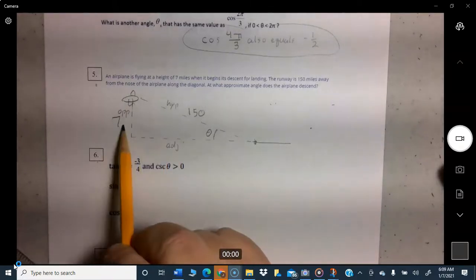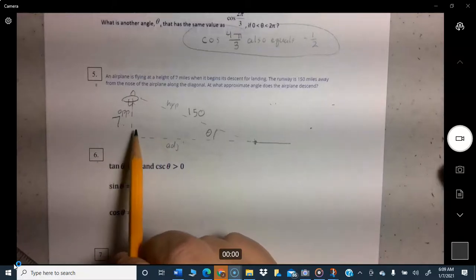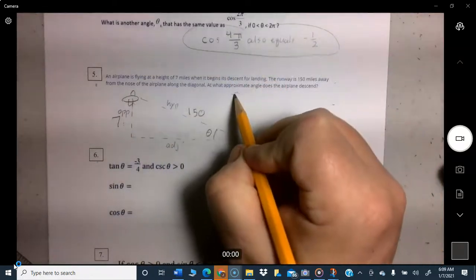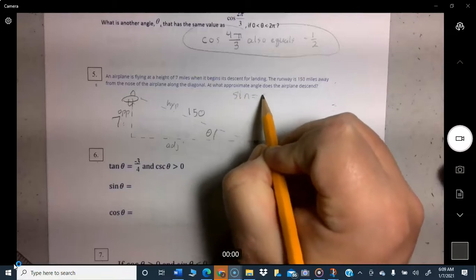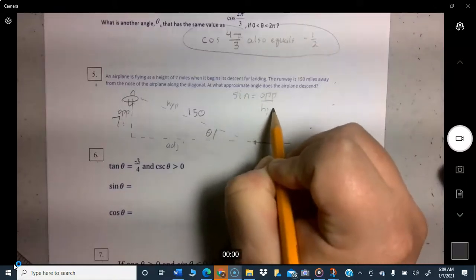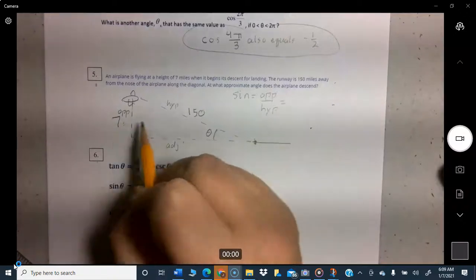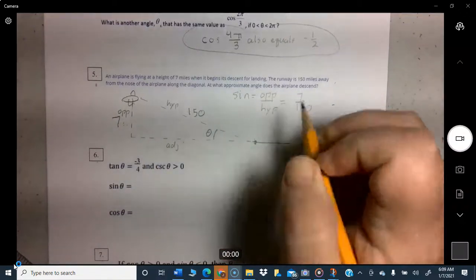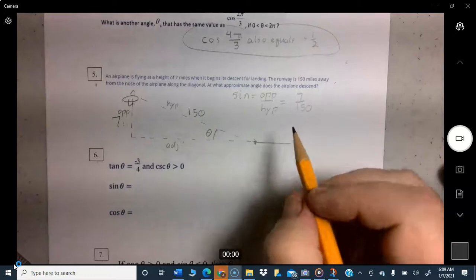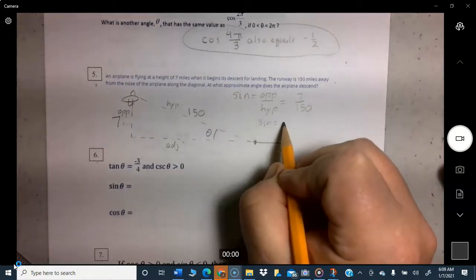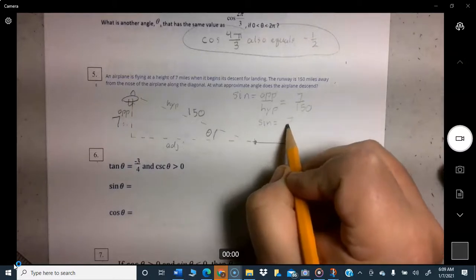So, the opposite over the hypotenuse is the sine. And in that case, sine theta equals 7 over 150.